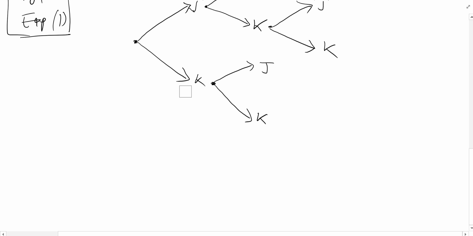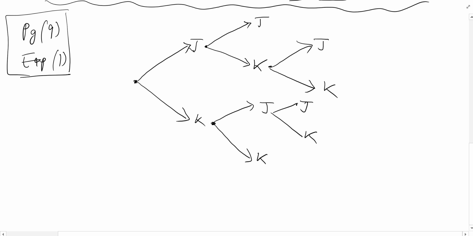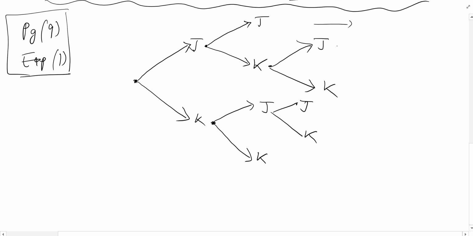If this happens, then Kristen is the winner of the series. Now we have further two branches, J, K. If J is the winner, we stop there. Jennifer is the winner, and otherwise Kristen, because K, J, K. So these are the results.